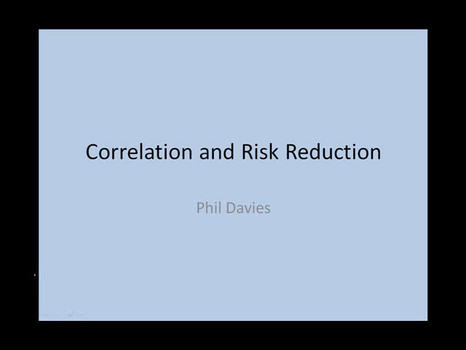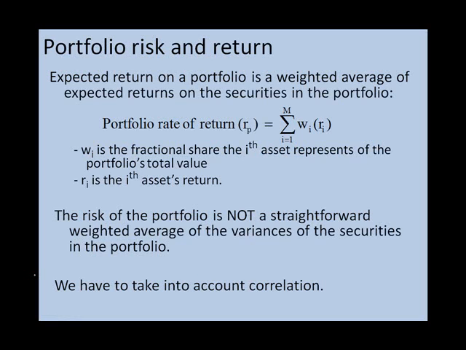topic again. Returns on a portfolio are going to be equal to the weighted average of the returns on the securities in the portfolio. If we look at this formula for the portfolio returns, we can see it's the sum of the weights in stock i times the returns on stock i for all stocks i equals 1 to M, where M is the total number of stocks in the portfolio.